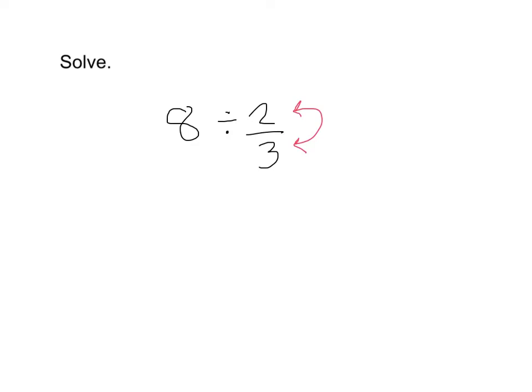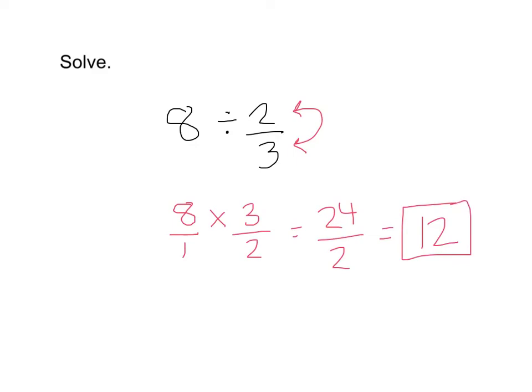So rewriting this question, it will now become 8 times 3 over 2. Now when we're multiplying by whole numbers, you still need to add 1 as its denominator. And now I can multiply across the top and then across the bottom. So 8 times 3 equals 24, and 1 times 2 equals 2. In order to simplify this, I have to ask myself how many times 2 goes into 24, and 2 goes into 24 12 times. So my answer is 12.